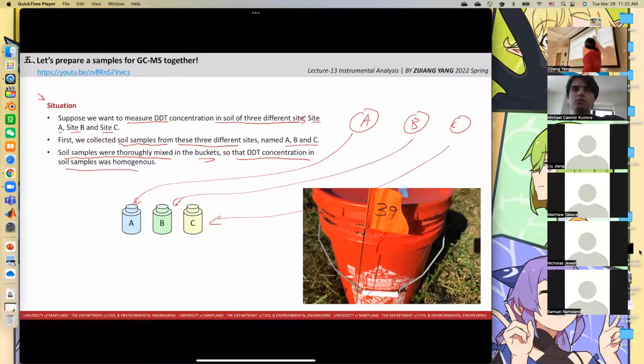When we get the samples from each site, we put them in the bucket and mix the soil, just to make sure the DDT concentration is homogeneous inside each bucket.